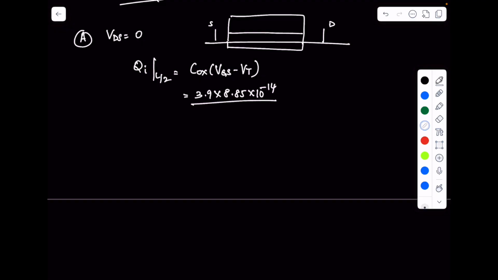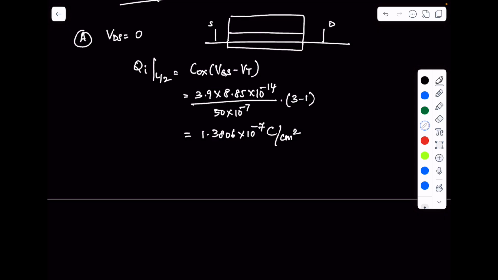Your TOX is given to be 50 into 10 power minus 7. This is Cox. VGS is 3 volts, right? And VT is 1 volt. So 3 minus 1. So that works out to 1.3806 into 10 power minus 7 coulombs per centimeter squared. So this is the inversion charge density in the middle of the channel.